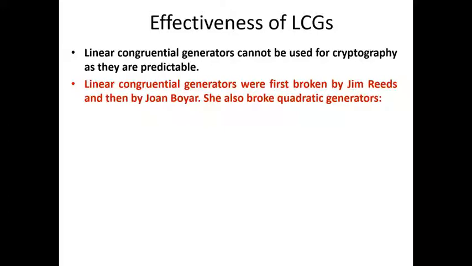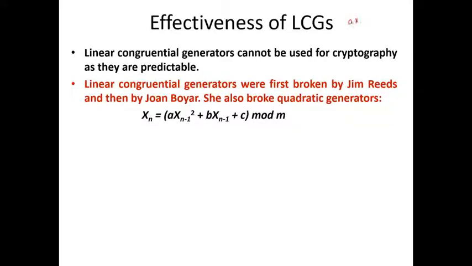So the first LCGs were broken by them, and later on they tried to use quadratic generators. What are quadratic generators? Equations in the form ax square plus bx plus c. So the first set of LCGs were linear generators, right?